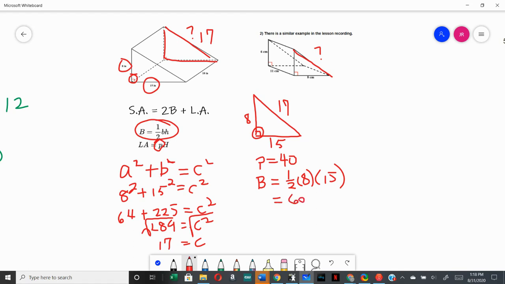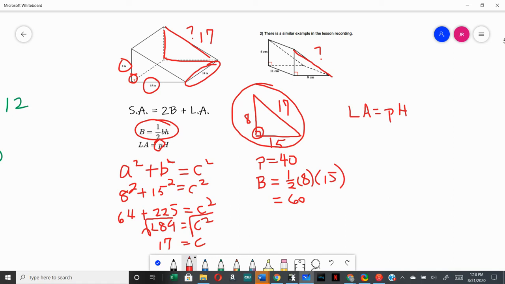So now I need to find my pieces. I need to find my lateral area, then I need to find my surface area. Lateral area is the perimeter of the base times the height. Let's find that first. Perimeter of the base times the height. Now what's capital H? Well, capital H can't be any of these numbers. So in my particular problem, the only number there that is not part of those is this 18 right there.